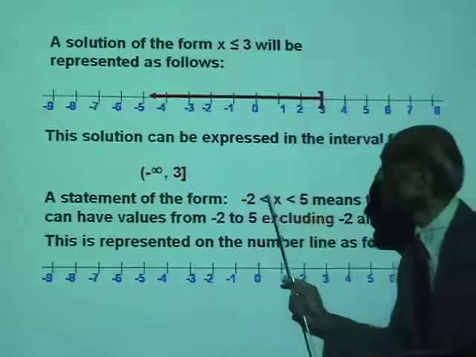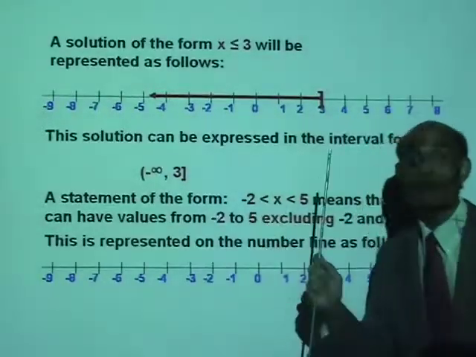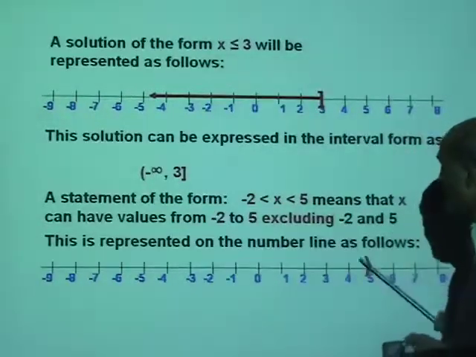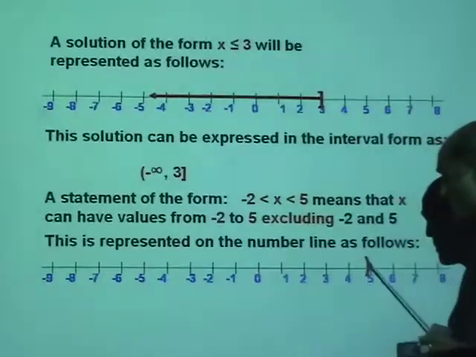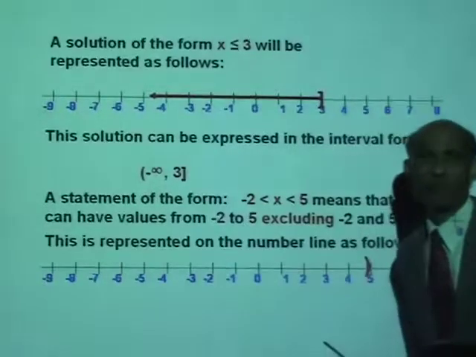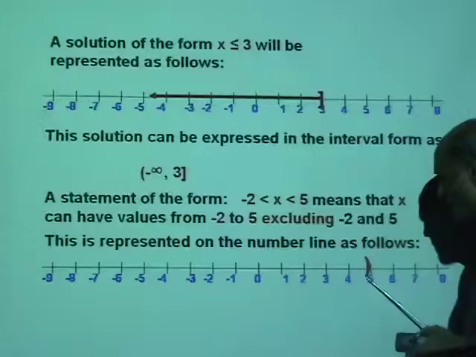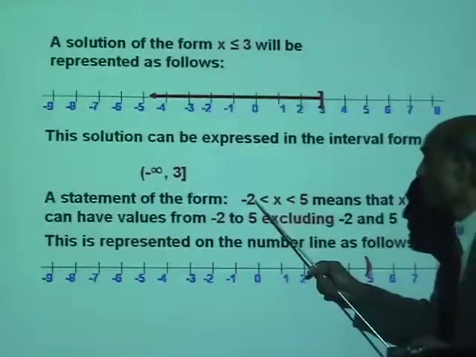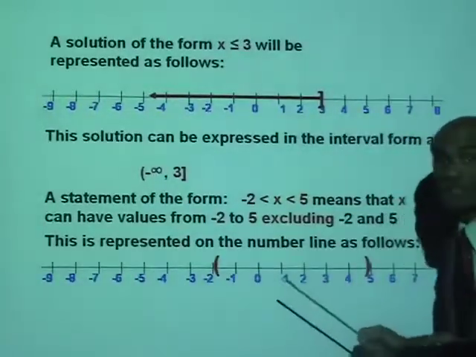Well, you know that when 5 is not included, it will be a parenthesis on 5. Now, you notice that sometimes when I want to put a parenthesis right on 5, the computer doesn't let me. So here, I want to put this parenthesis right on 5, and it is facing left. And we'll put another parenthesis on negative 2 facing right. What does that mean?